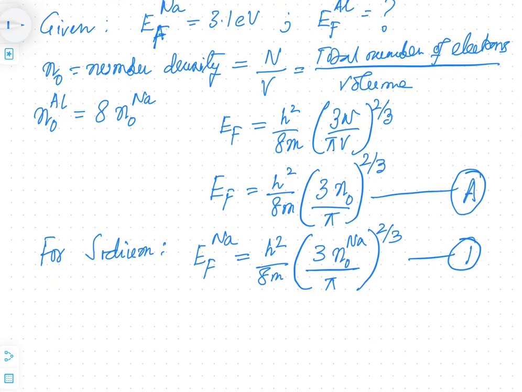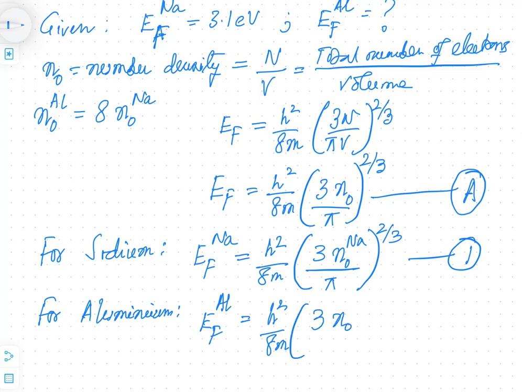Again, I write for aluminium: Fermi energy of aluminium is equal to h square by 8m, 3 n0 of aluminium by pi to the power 2/3, equation 2.